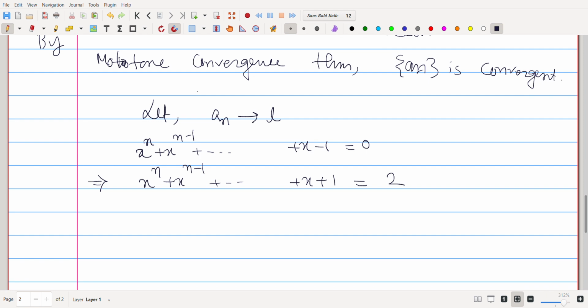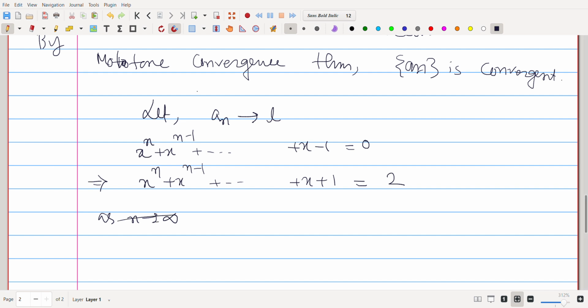Okay, now if a_n converges to L, then as n goes to infinity, and x belongs to the open interval (0,1), right?